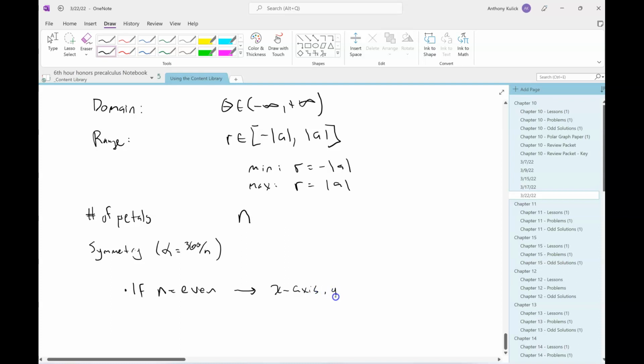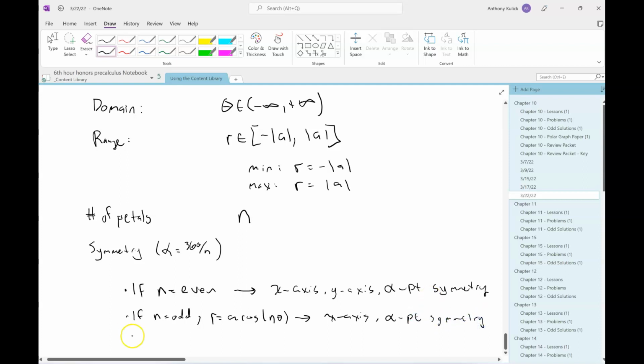We get x-axis, we get y-axis, and we get alpha point. If n is odd, and we have the cosine version, we have x-axis and alpha point. And then if n is odd, but we have the sine version, we have y-axis and alpha point.